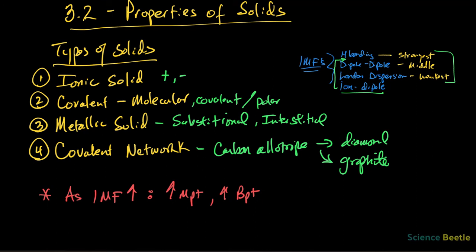As long as you look at the types of intermolecular forces that are occurring there, the stronger forces present will lead to higher melting points and higher boiling points. And if there are weaker forces of attraction occurring, then obviously those would have lower melting points and lower boiling points in comparison. So that's pretty much it here for 3.2.